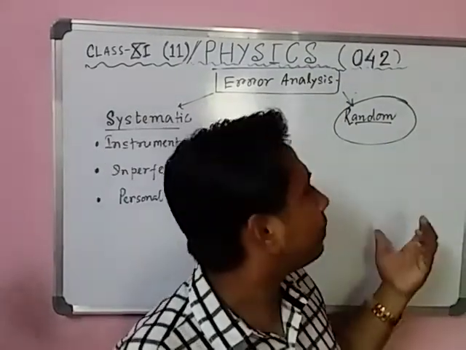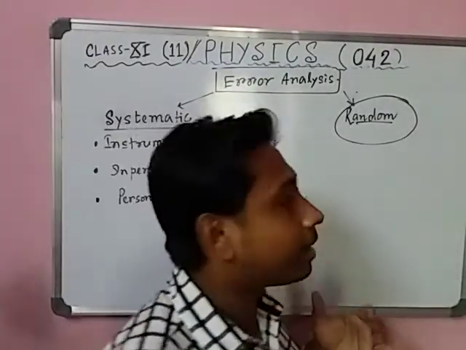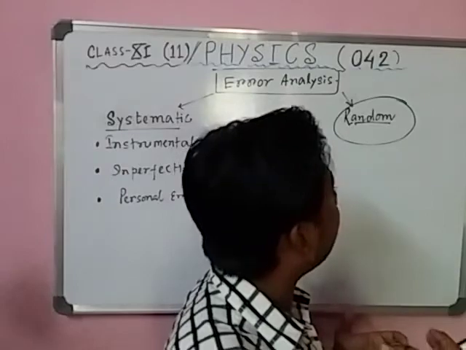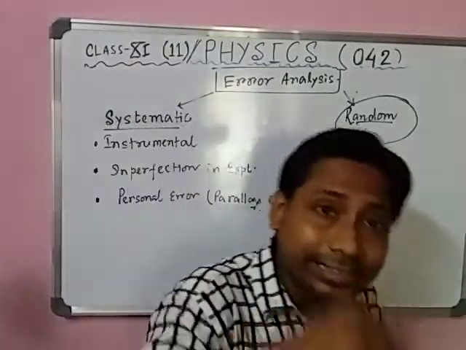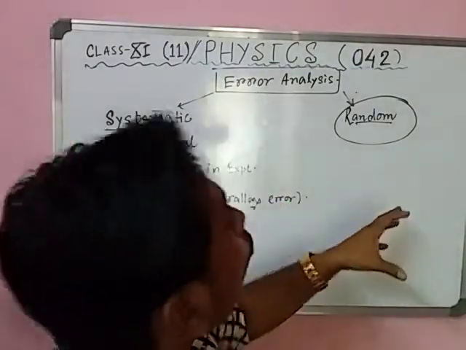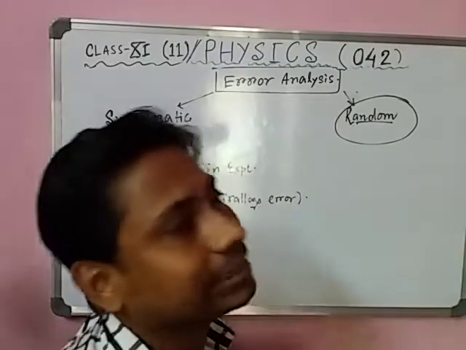This type of error occurs randomly, and you cannot remove it properly. This type of error is called random error, and in this chapter we are going to learn how to minimize it.